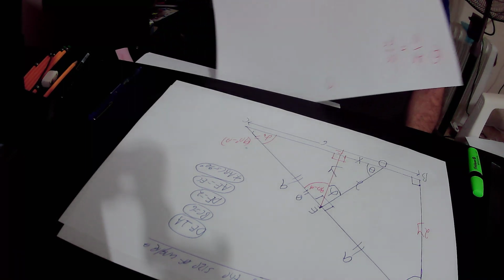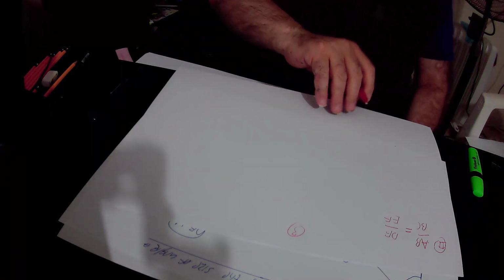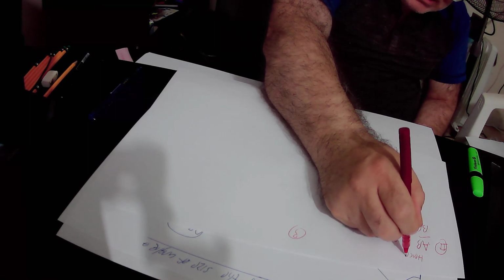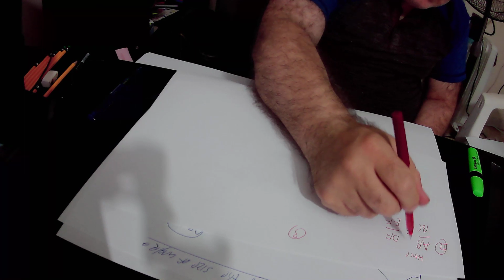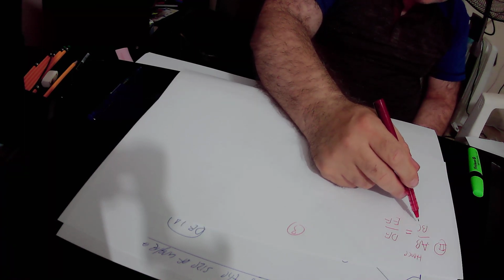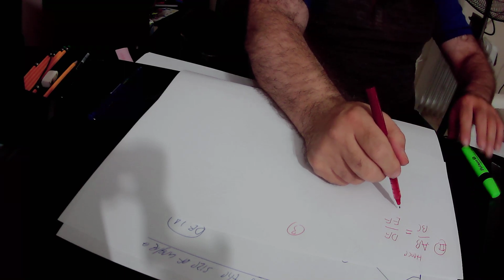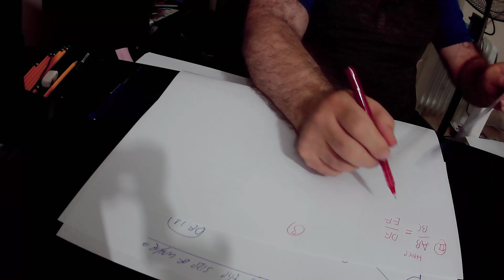Okay, I'll repeat again. From the fact that the right triangle ABC is similar to the right triangle EDF, we will conclude that AB over BC in triangle ABC is equal to DF over EF in triangle EDF. Okay?